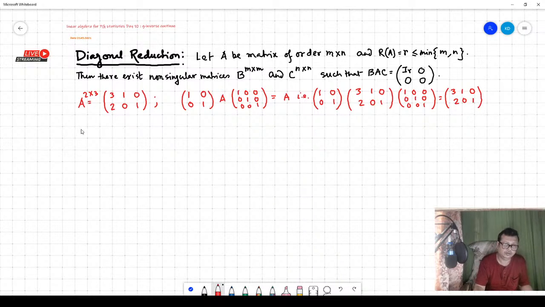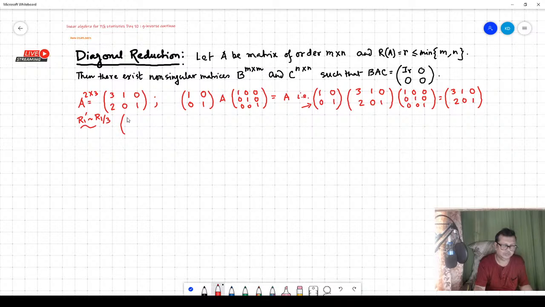Now I use row operation first. So R1 star, this gives the new row we obtain by R1 by 3. Row operation means pre-multiplication. So I apply this operation on this matrix, 1 0 1.